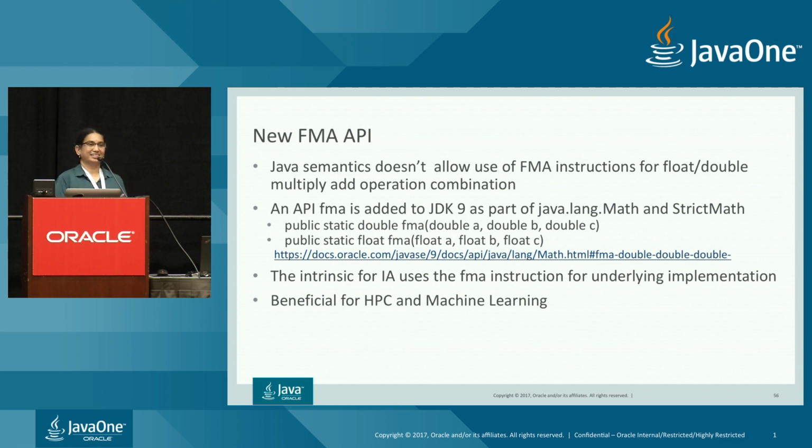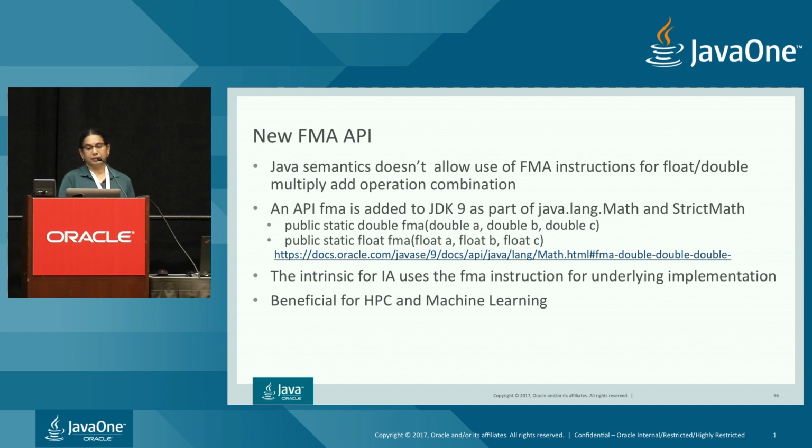The Java spec does not allow us to optimize a multiplication and addition using FMA because it expects us to do the rounding or truncation after each operation. So with this new API, we can now optimize FMA using the underlying architecture's FMA instruction.